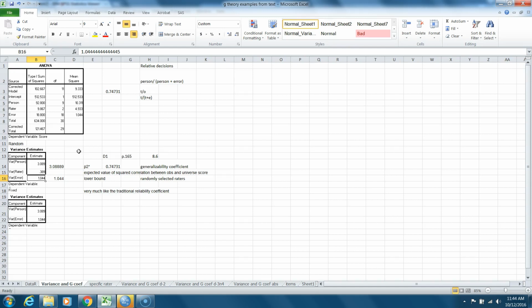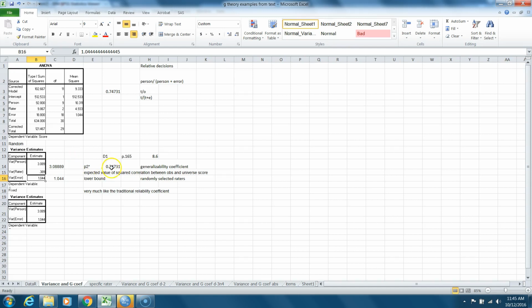The first example we're going to do right now is that each examinee is rated by one rater, and this rater rates all examinees. We have an equation in our textbook on page 165, which helps us calculate using variance components. It also does it with mean squares to calculate what the reliability in this case would be.